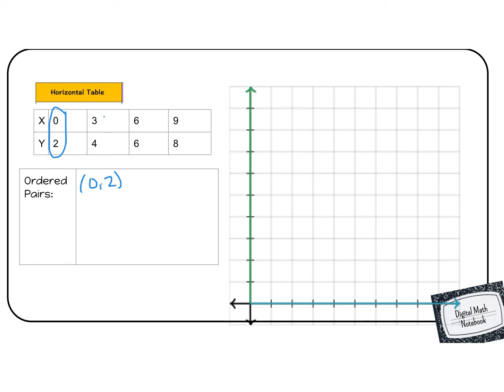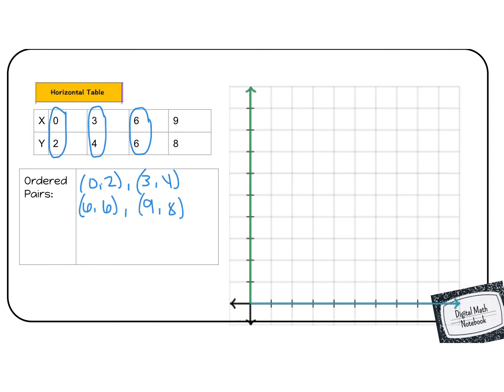Our next ordered pair, remember they go together and they go in order, X always comes first, is 3, 4. So I'm just taking the two numbers that line up and putting them in an ordered pair together. My next point is 6, 6. And my last point is 9, 8.